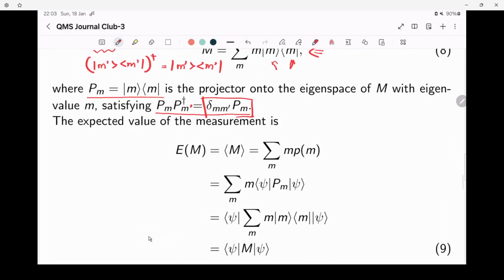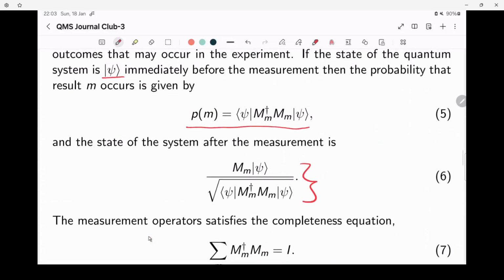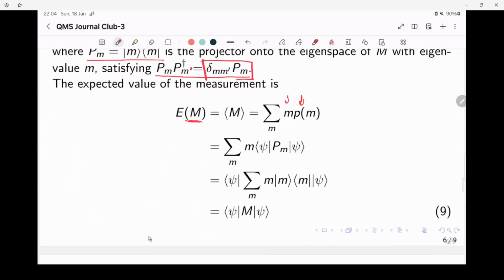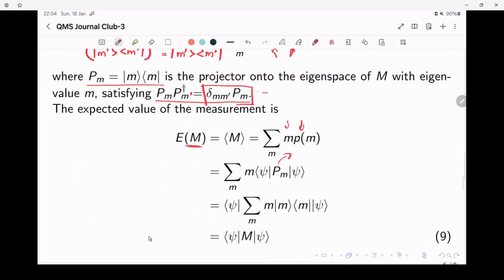So then our expected value for whatever measurement m that we try to perform over here will be just your measurement outcome multiplied with the probability. And previously we defined the probability to be equal to equation 5. So in this case, because of this particular relationship, we can basically just write the projectors into the middle.